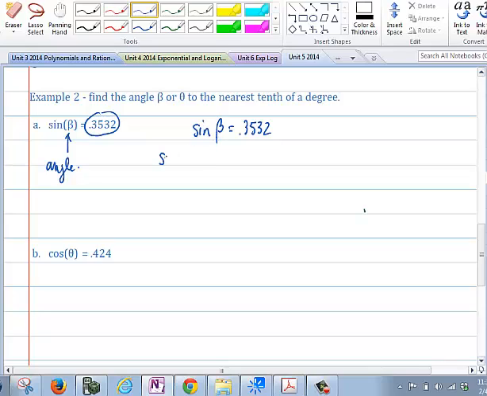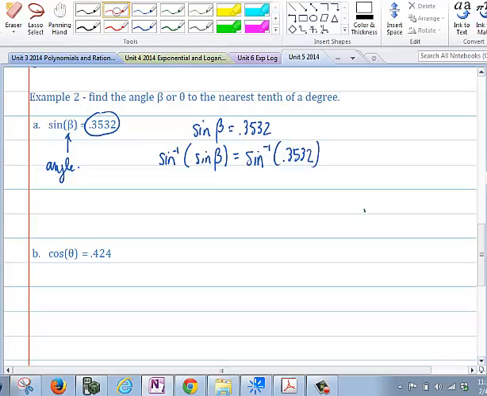So if I do the inverse trig on the sine of beta, remember what we did with the logarithms and exponentials, the inverse always undoes the function. So you have to use the inverse on both sides. Whatever you do on the left, you have to do on the right.